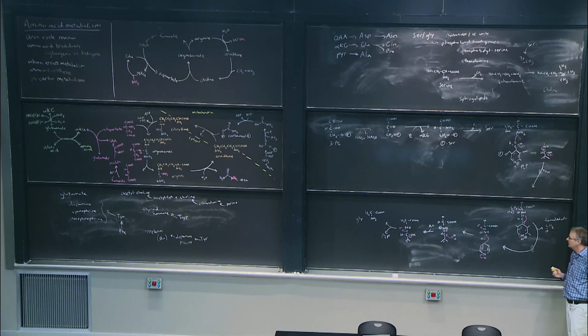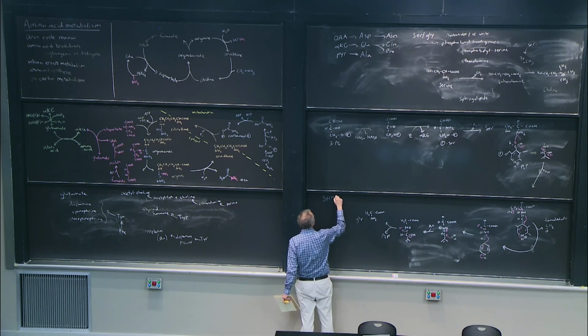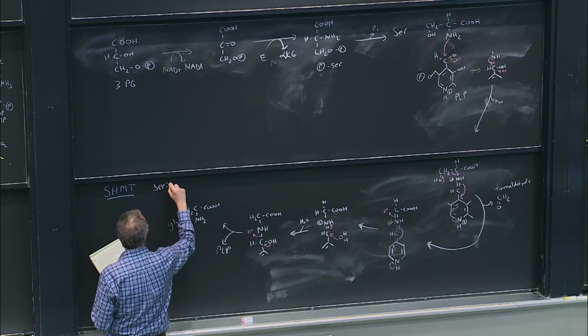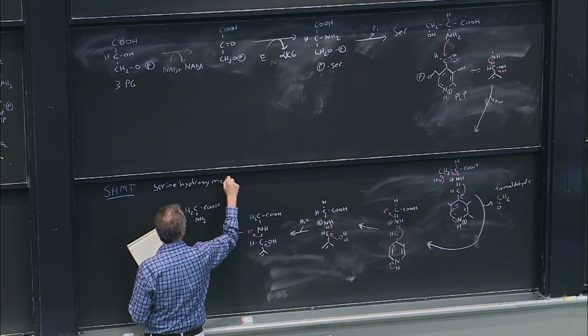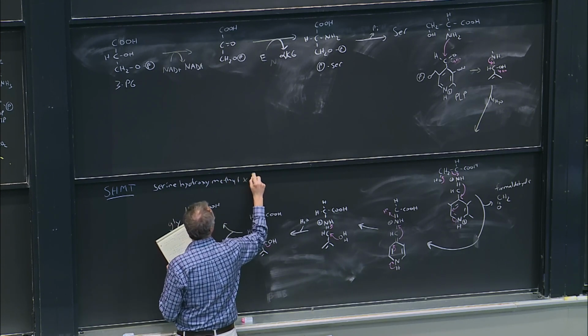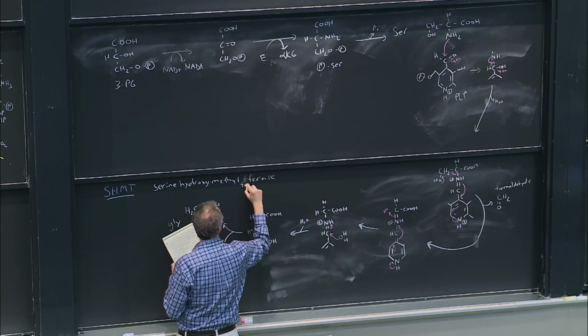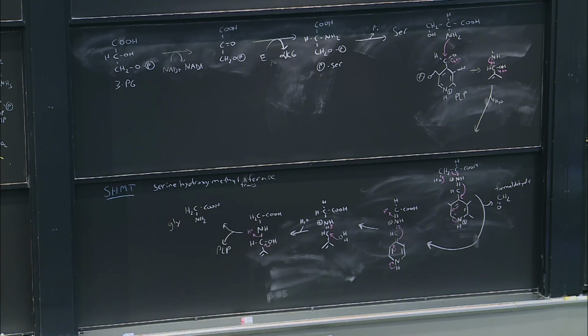Now the enzyme that carries out this reaction is an enzyme called SHMT, which stands for serine hydroxymethyl transferase. Okay. Serine hydroxymethyl transferase, and it actually doesn't release the formaldehyde directly.